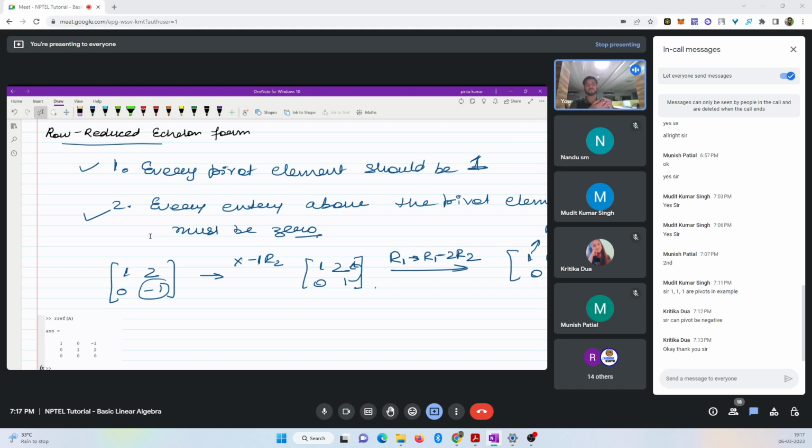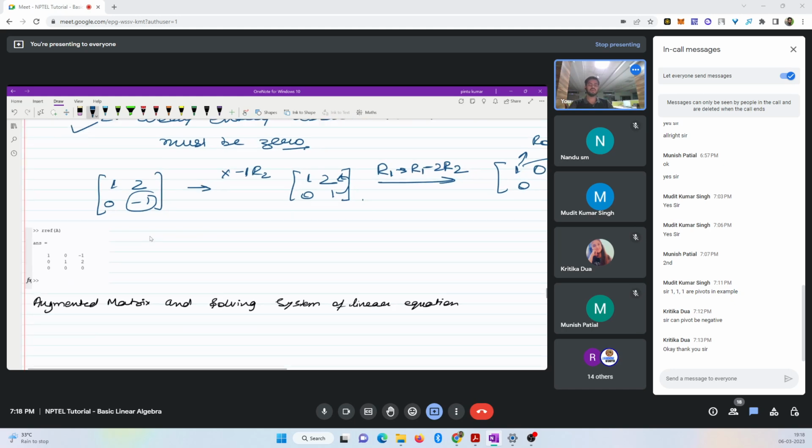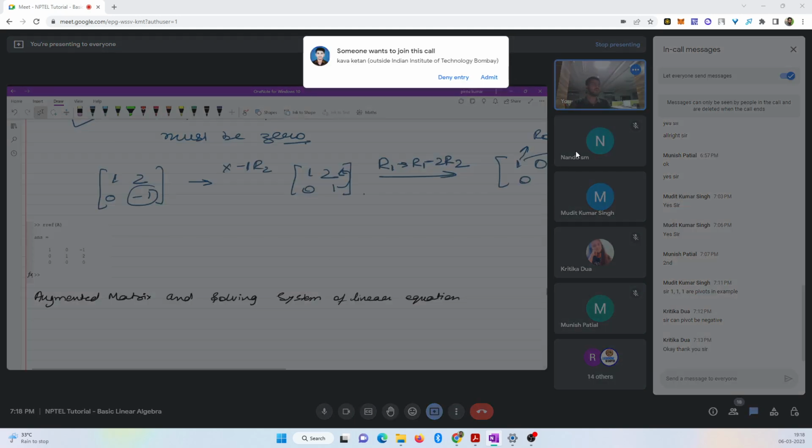That would be easy for you. But if you are using a computer, then if you see this, say x1, x2 was multiplied by this, and you got some d1, d2, then straight away you would have got the values of x1 and x2 from here. So if you have a computer with you, you should go for row reduced echelon form. That would be beneficial for you.